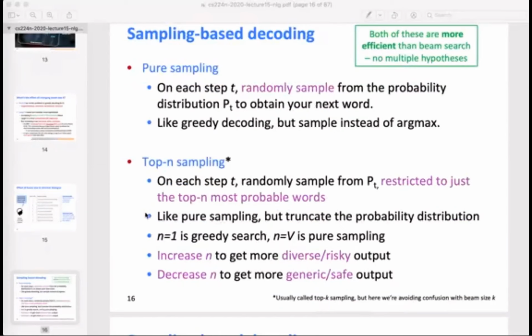And by increasing n, you can get more diverse and risky output. When you decrease n, you get more generic and safe output. Top-n sampling is usually called top-k sampling, but here we're saying it's top-n because we're trying to avoid the k that was used to represent beam size in the previous slides.